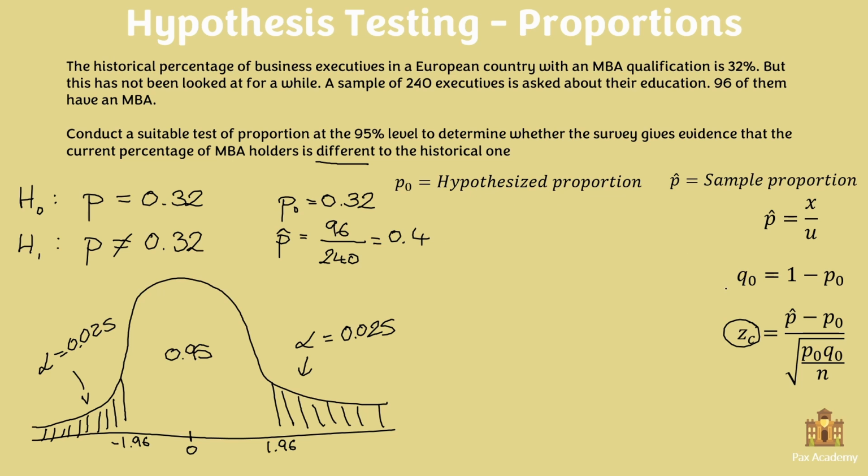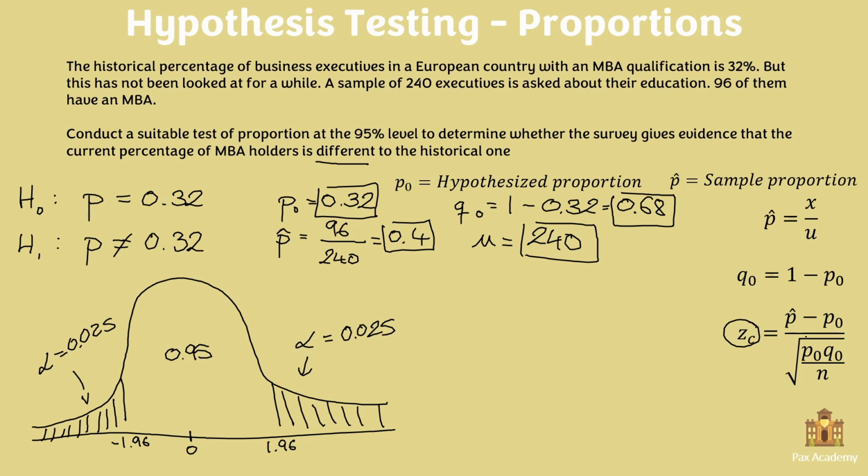Then we also need Q naught. Now as you can see, Q naught is equal to 1 minus P naught. So Q naught, 1 minus P naught, which is 0.32. And this gives us 0.68. And finally, the only thing left to find is the sample size, which we know from the question is 240.